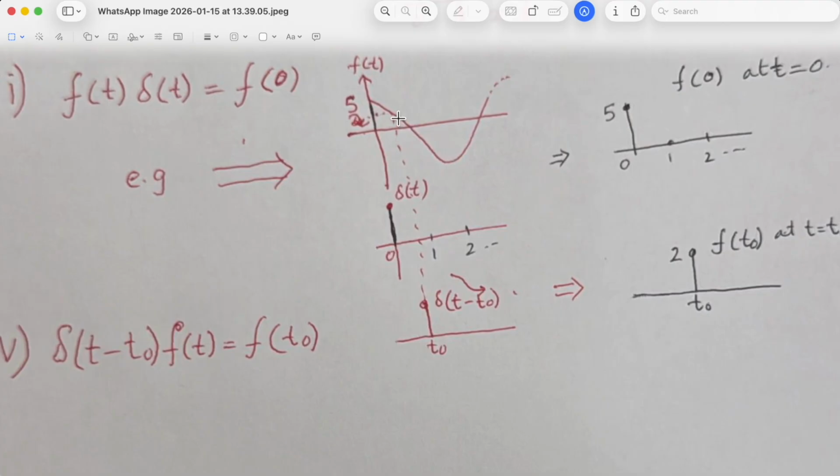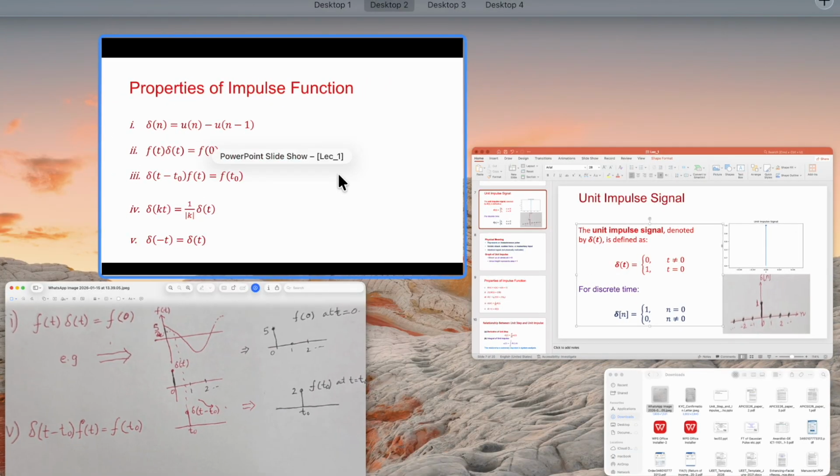Only that particular value remains, but everywhere else the answer is 0. So at t naught you have the amplitude 2, which is why you only have the value of the function at t equals t naught. So that is also proved.